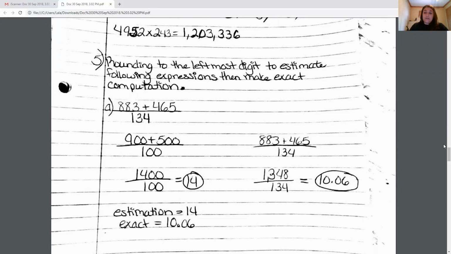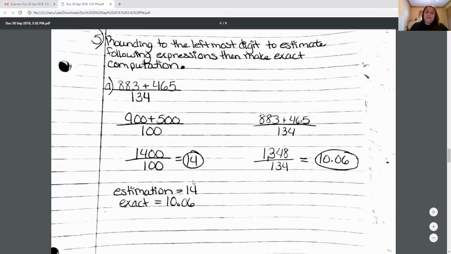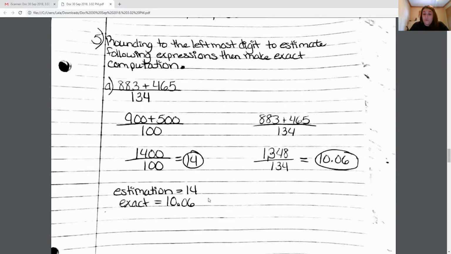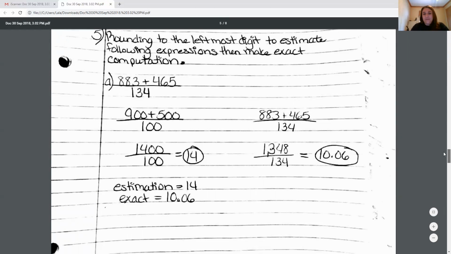Now, if you can see, there's a little difference between the estimated number and the exact number, but relatively close. There's a total of 4 that's missing because the estimation is up a little high. So if you remember, we had to round those 2 numbers up. So that gives us 14, but the exact number is 10. So they're pretty close in all actuality. Let's do another one.